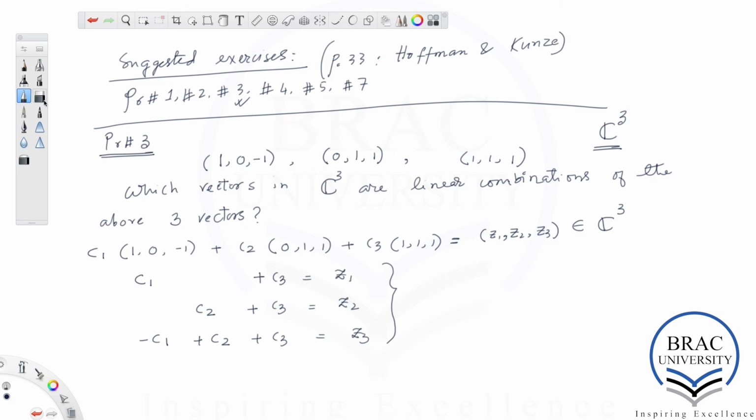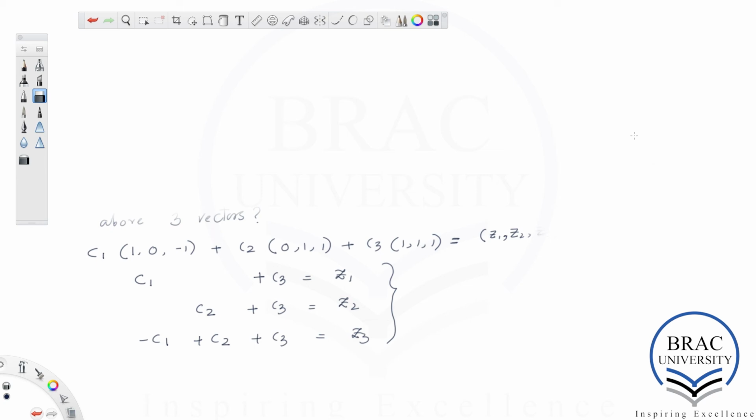Now we form the augmented matrix, the technique that we have learned in the first part of this course. The augmented matrix corresponding to this system of linear equations is 1, 0, 1, Z1, then 0, 1, 1, Z2, and minus 1, 1, 1, Z3.